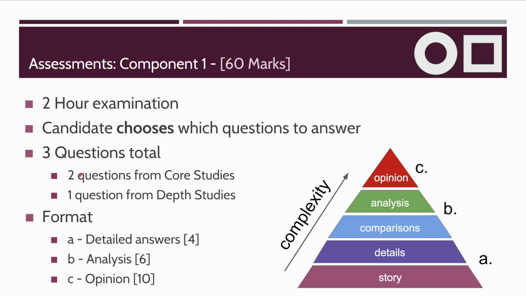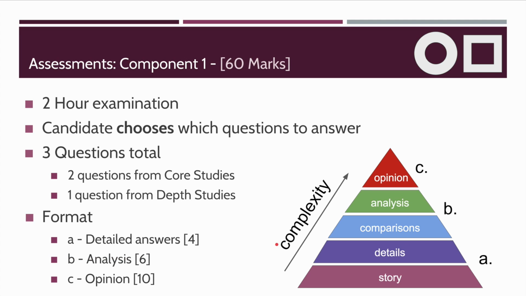For this paper, you answer 2 questions related to the core studies and 1 question related to the depth studies. For paper number 1, questions are designed to focus on what are known as A, B, and C. A questions are detailed answers, B questions are analysis, and C questions are opinions.